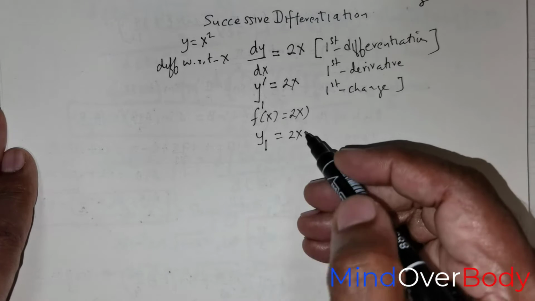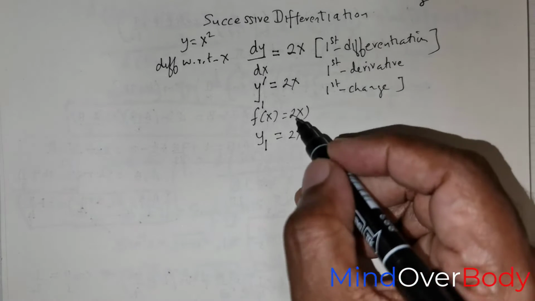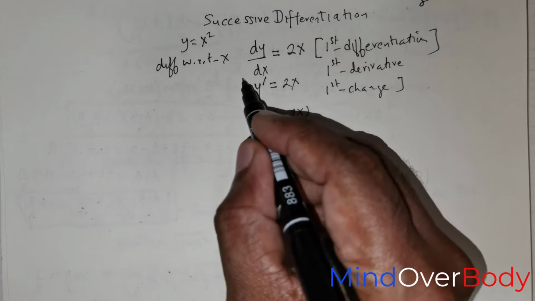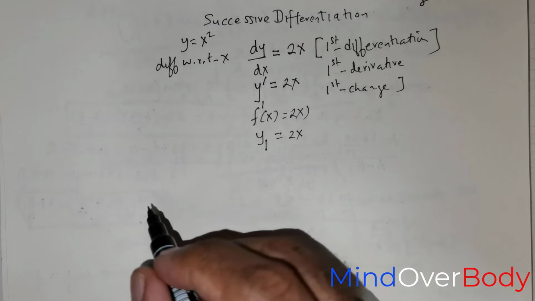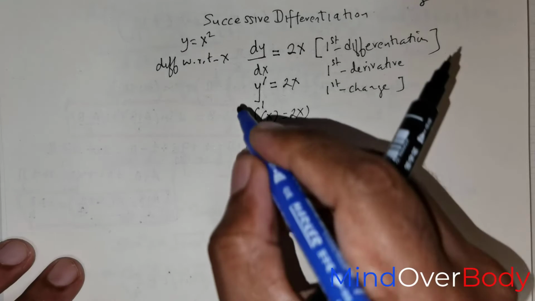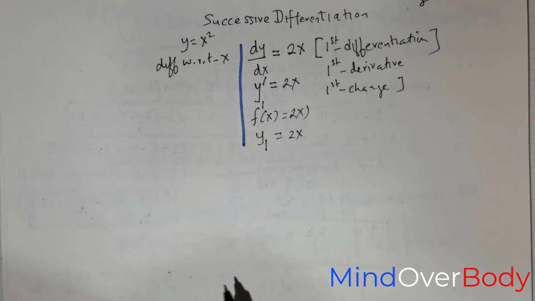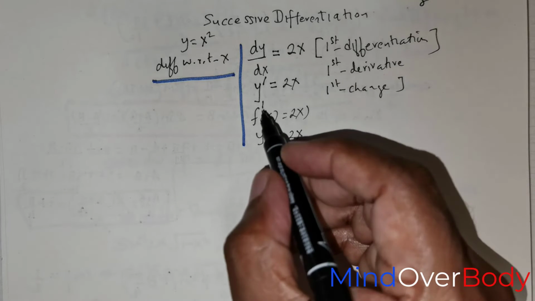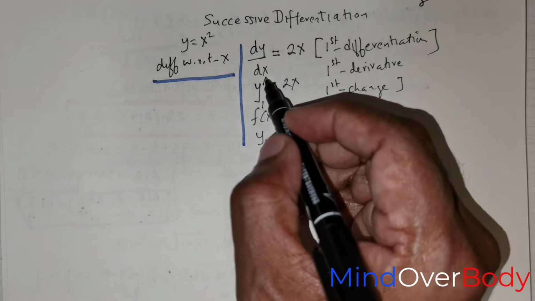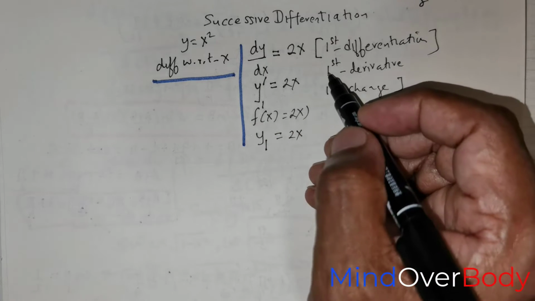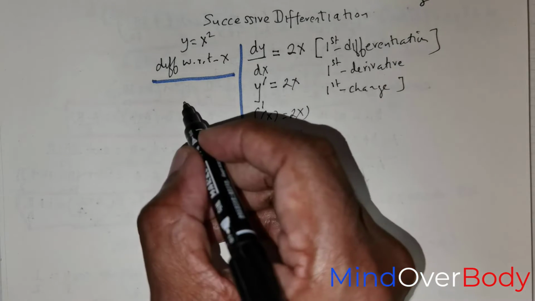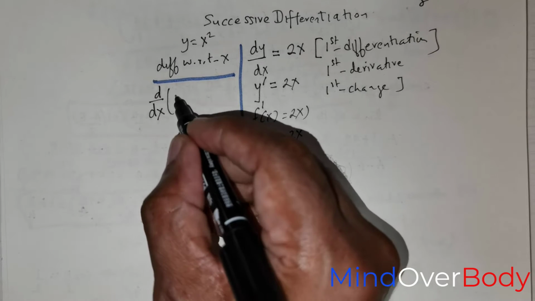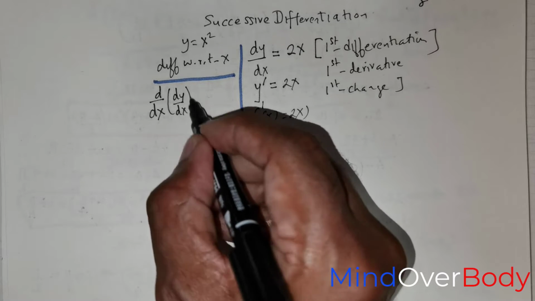So having given this representation, we can also go forward to obtain the second differentiation. Let me just draw a line here and show you what the second differentiation will look like. Now we got dy over dx and someone is asking us to obtain the second derivative of this. In that case, what we are to do is operate on dy over dx by d over dx.